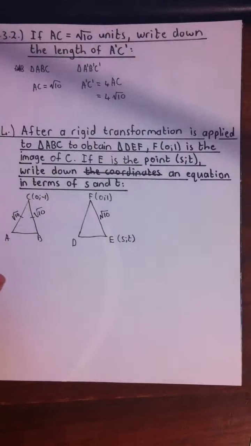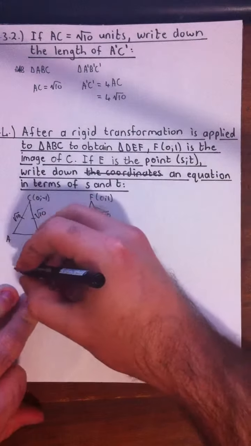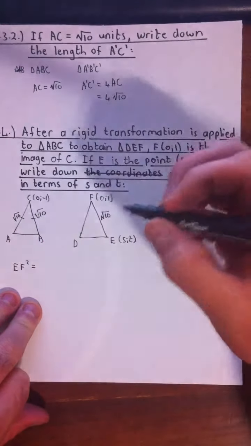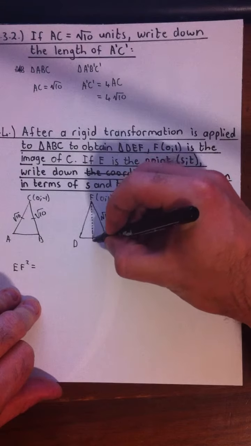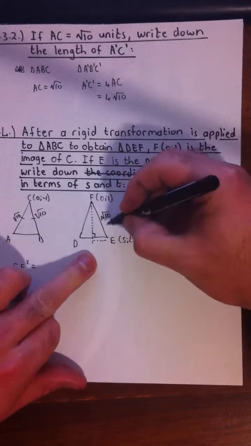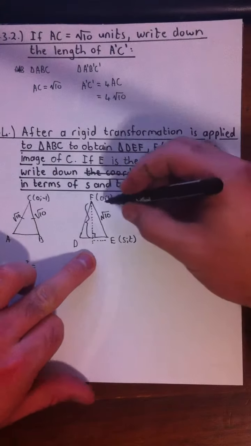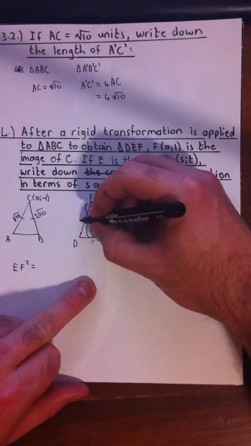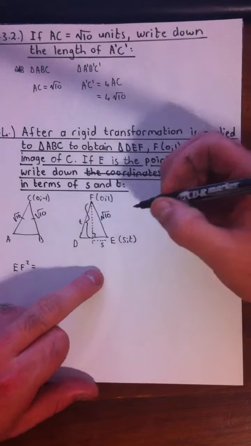Remember, we'll use Pythagoras' Theorem, and we'll say that the distance EF squared is equal to, let's just pretend we had a vertical line down there and a horizontal line here. So this distance squared is equal to that distance squared, which is our y value, right? T. So that's T, and this distance squared, which is S.